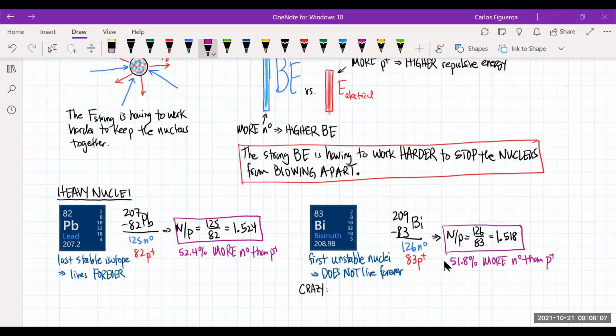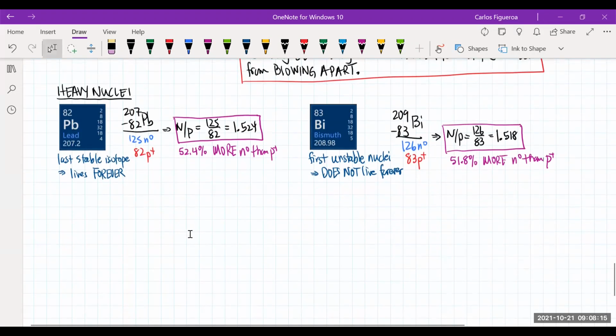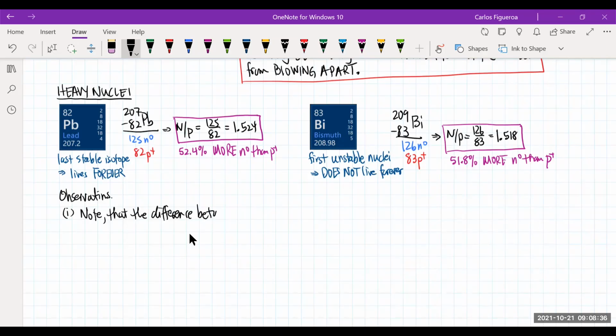I'm not going to write crazy right here. I'm going to write it down below. The reason I want to do this is that I want to make some observations about this. Okay, let's make some observations about what we just saw. So the first thing is to note that the difference between lead and bismuth is 1 neutron and 1 proton.